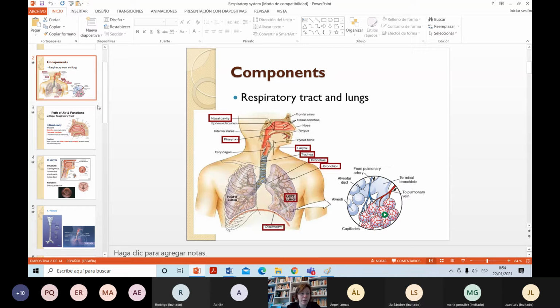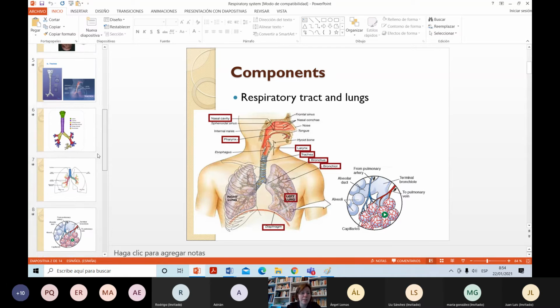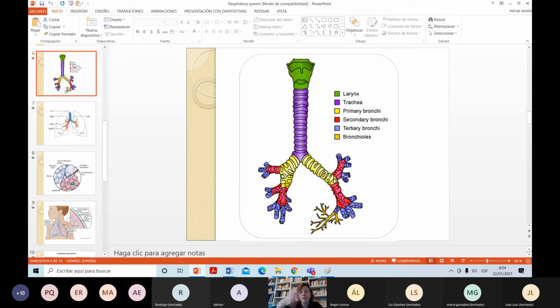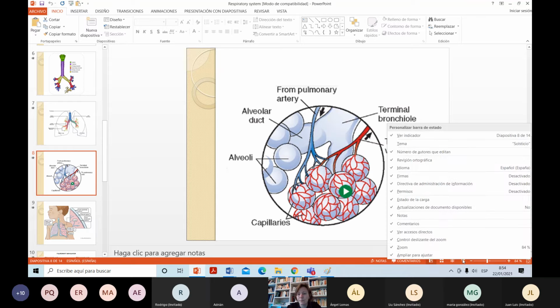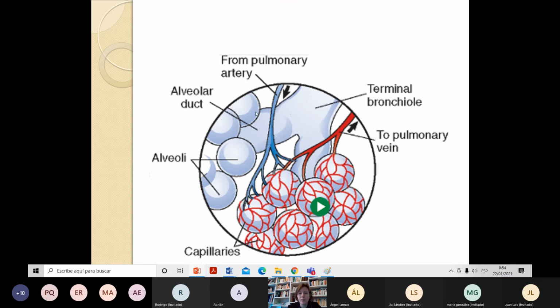They are very close. Okay, so we saw yesterday all the tube, and I want you to pay attention to this structure here. All these bubbles are alveoli, and each alveolus is surrounded by these capillaries.